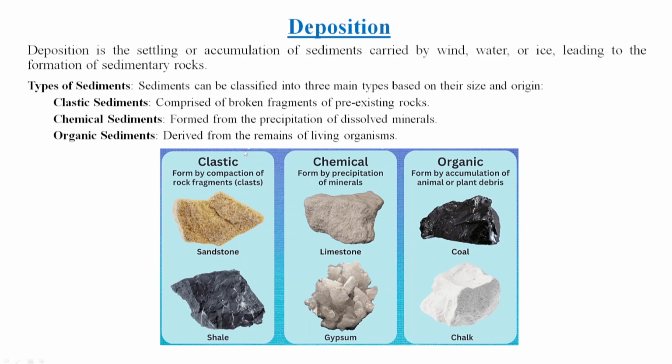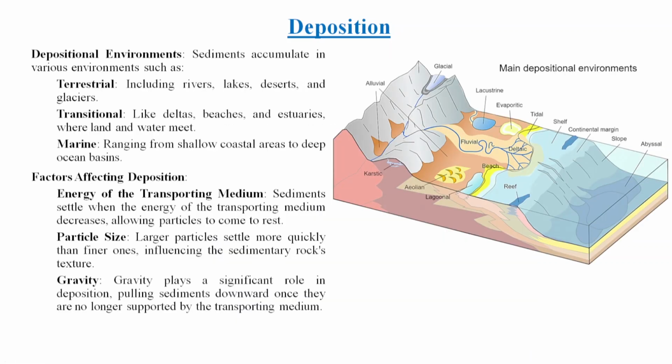Now if I look at different examples, sandstone and shale are essentially made up of clastic sediment. Limestone and gypsum are essentially made up of minerals formed due to chemical precipitation. And you also have organic accumulation of sediments, from which you can derive coal and chalk.